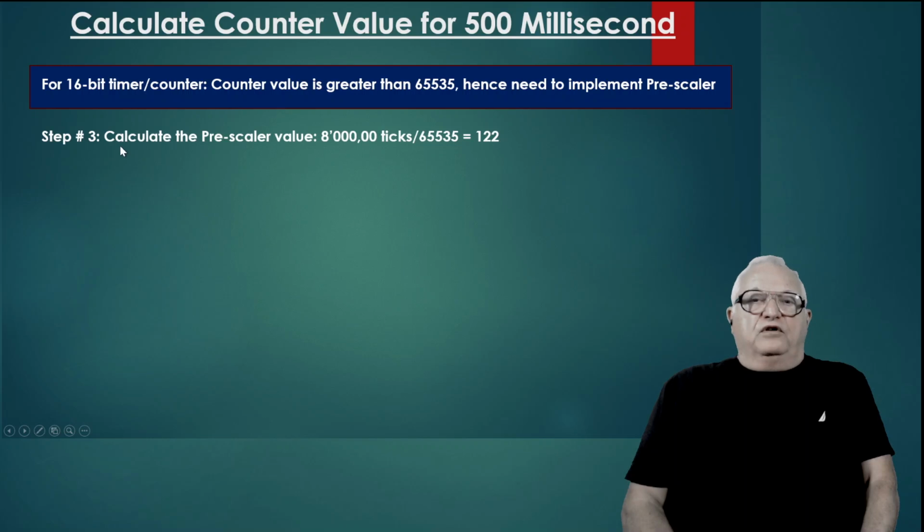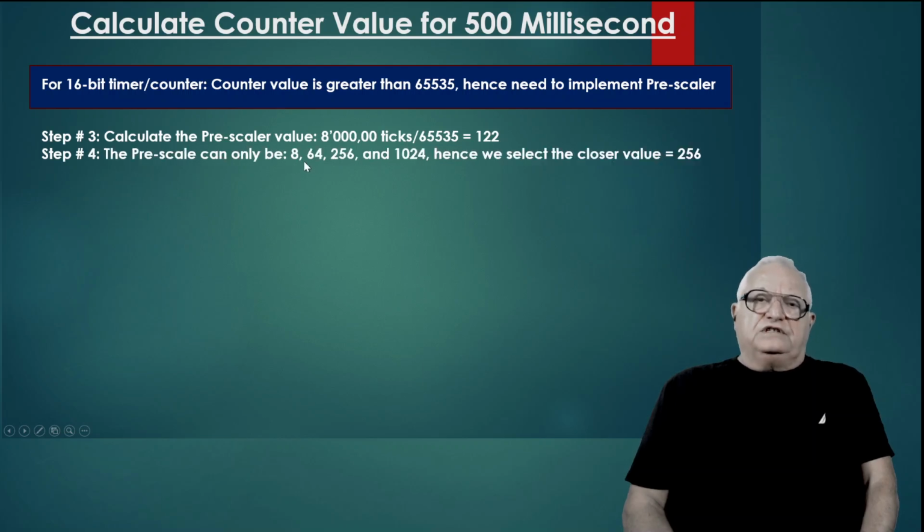So, as before, we divide 8 million ticks by 65,535, and that gives us a prescaler of 122. Now, we have to select from the existing prescalers, which are 8, 64, 256, 1024. In our case, the closest to 122 is going to be 256. So we're going to use a prescaler of 256.